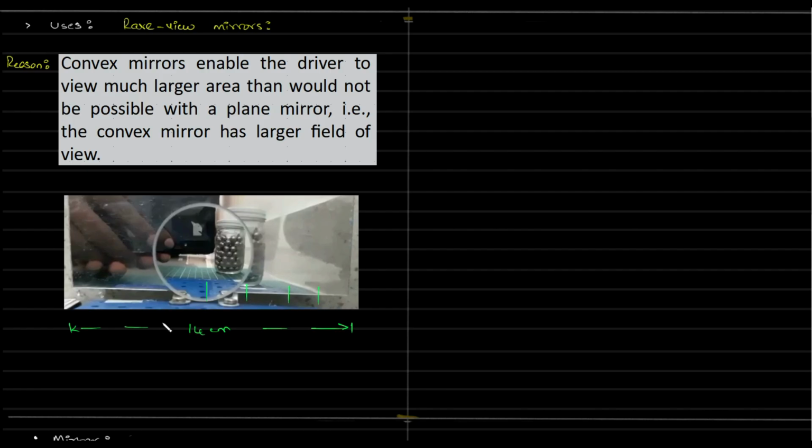It's a bit more than 1/8, but anyway, that's pretty small. So this dimension is pretty small compared to your plane mirror. But the vision I have, the things that I can see over here is pretty huge. Again, I'm very close to it. If I had taken a step back, a much larger view would have been there.